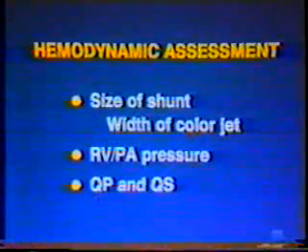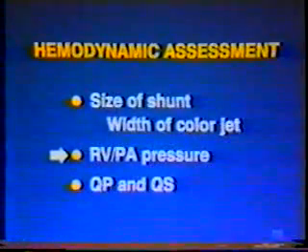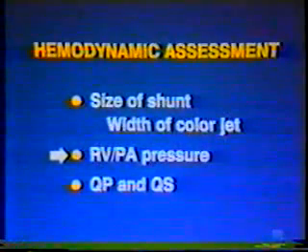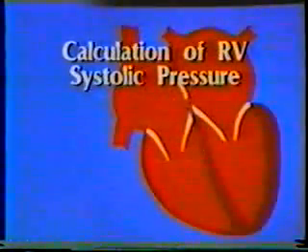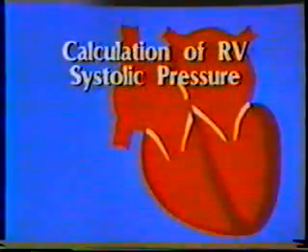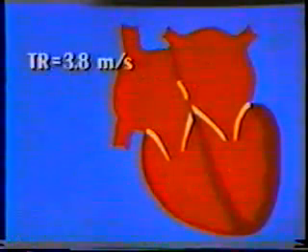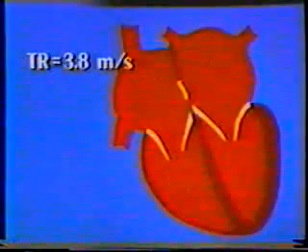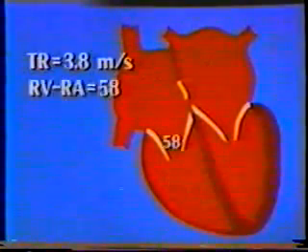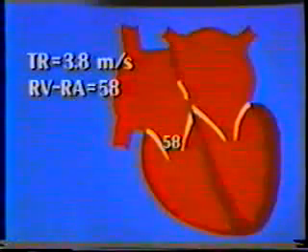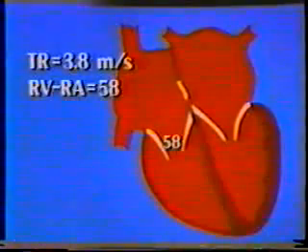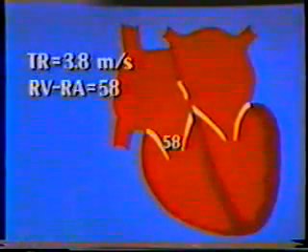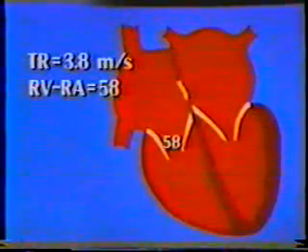We routinely, however, will calculate right ventricular and pulmonary artery systolic pressure utilizing continuous wave Doppler. In the example that was shown earlier, the elderly patient with atrial septal defect had tricuspid regurgitant jet velocity of 3.8 meters per second. Using the simplified Bernoulli equation, this calculates to a 58 millimeter mercury pressure drop from right ventricle to right atrium.